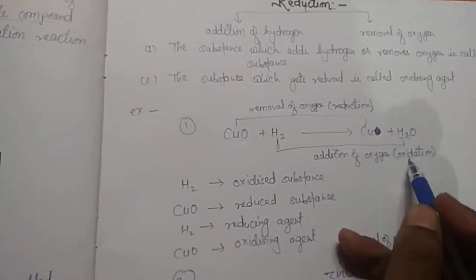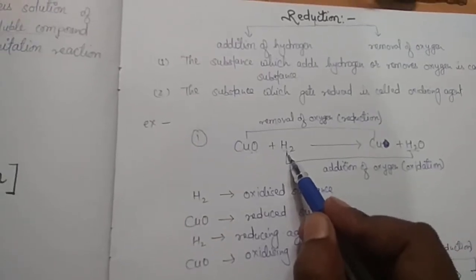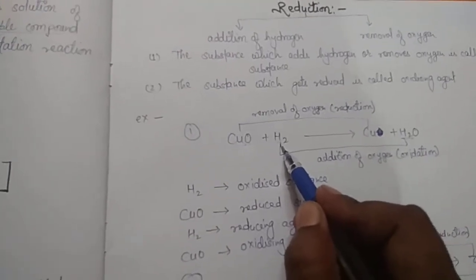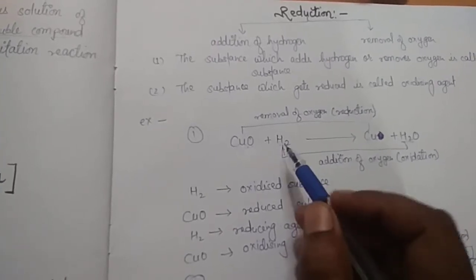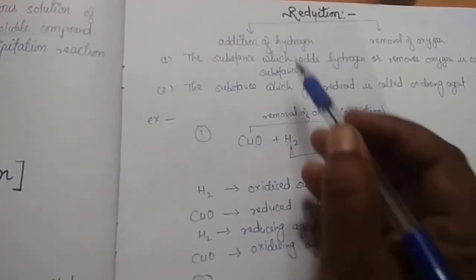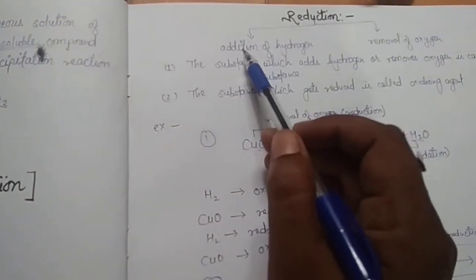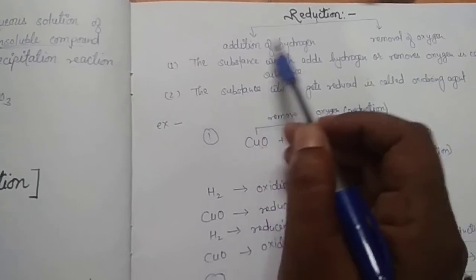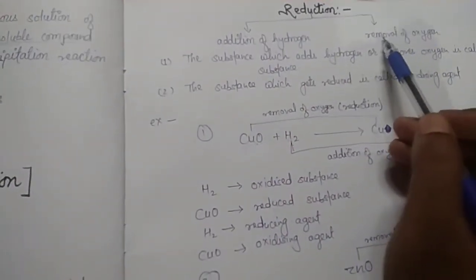So oxidation has taken place, and hydrogen will be the oxidized substance, because I have told you that those substances which add oxygen will be oxidized. Clear? See, reduction. For reduction there are two conditions: addition of hydrogen or removal of oxygen, just the opposite of oxidation.